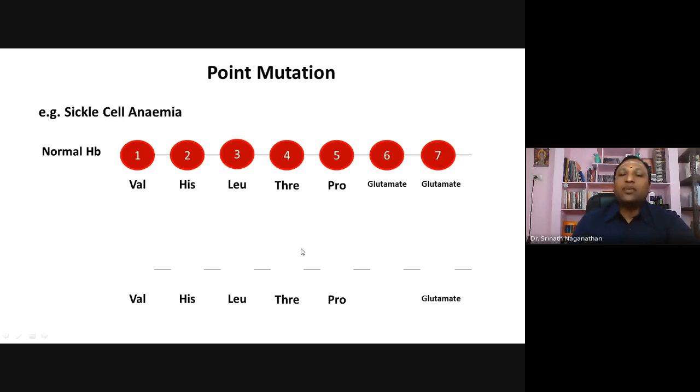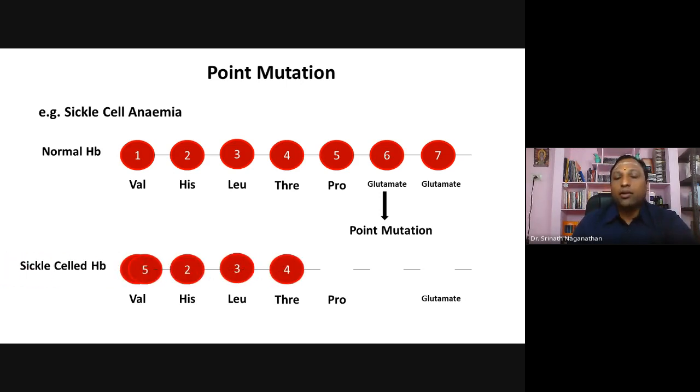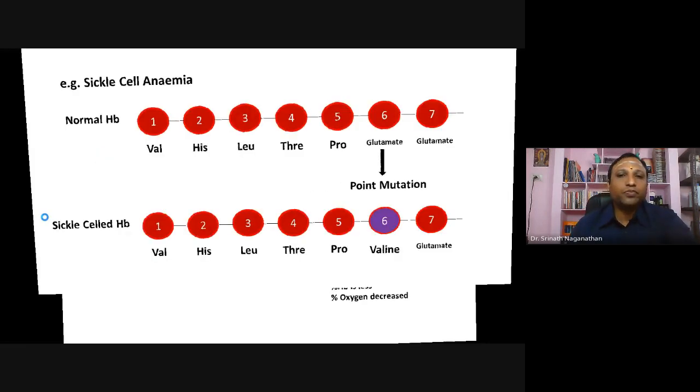If the sixth amino acid coding gene is mutated, because of the point mutation at the sixth position, it can lead to sickle cell hemoglobin. It will have valine, histidine, leucine, threonine, and proline, but at the sixth position it will have valine instead of glutamate. Due to the addition of valine in the place of glutamate, it will have sickle shaped hemoglobins, which will lead to anemia.